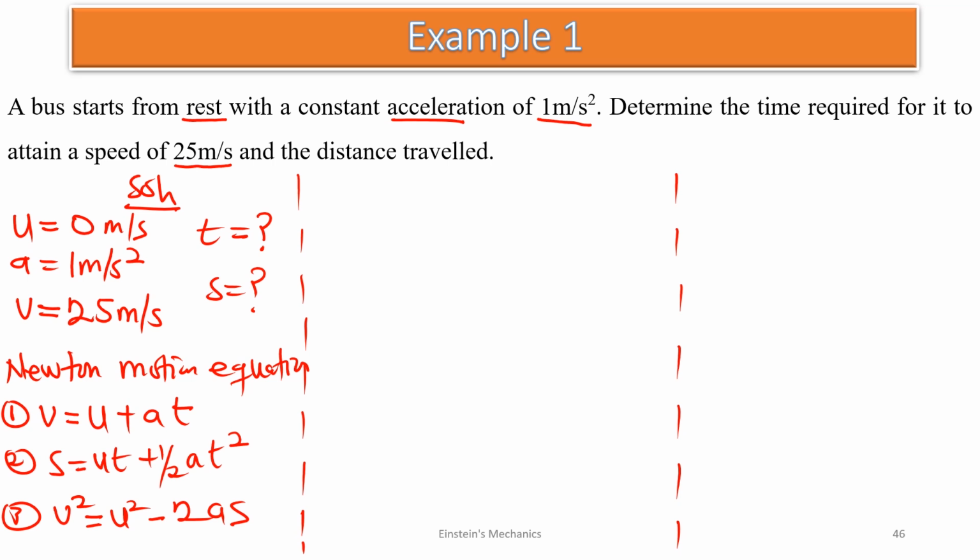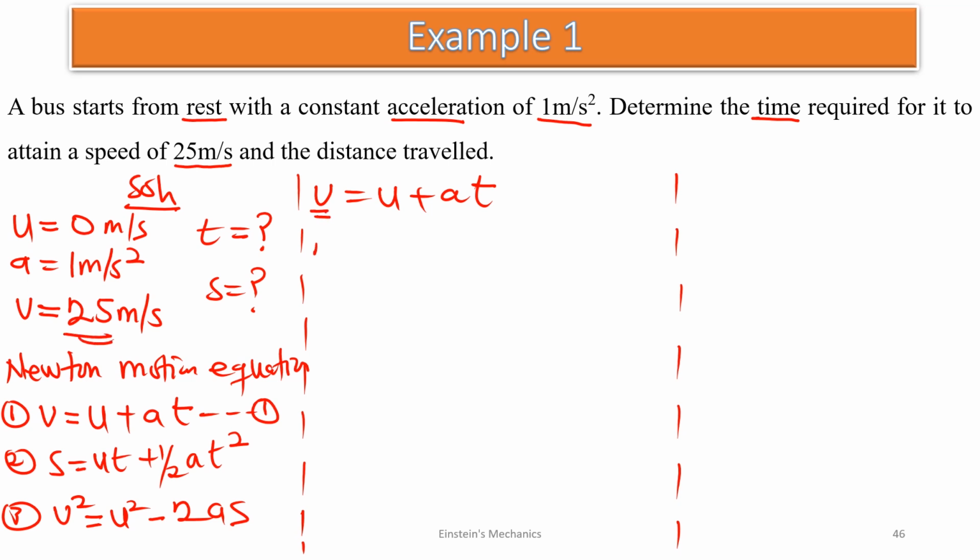When we look at the parameters and what we are interested in, time, from equation 1, we can make use of that equation. So from v is equal to u plus at, we know that the final velocity was given as 25.